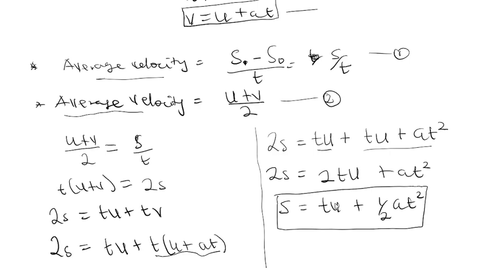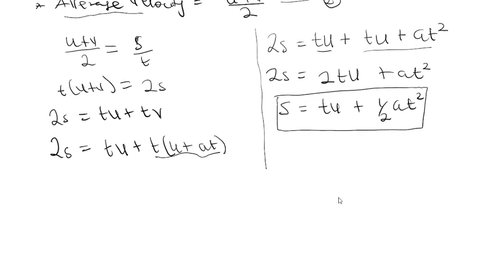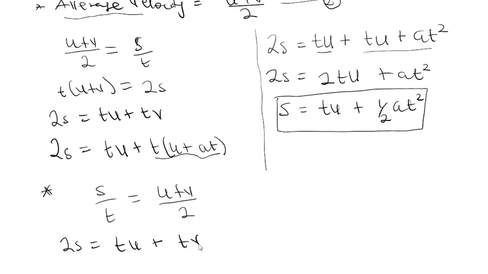Right. Now let's take it from the same average velocity again. So you have s on t equal to u plus v divided by 2. And this is the same as 2s equal to tu plus tv.